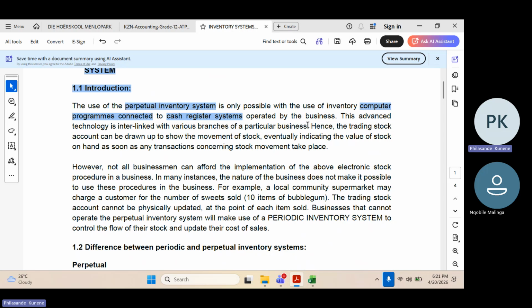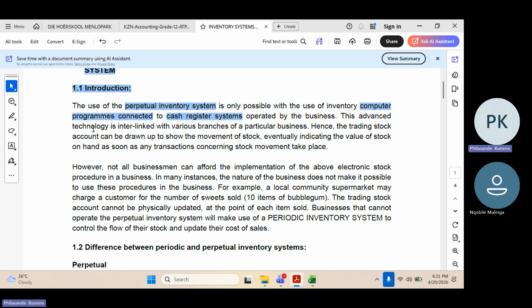If you buy stock, the computer will record the stock coming in. If you sell stock, the computer will record the stock moving out immediately. Even if stock is damaged or lost, you have to update the computer that the stock has been lost.